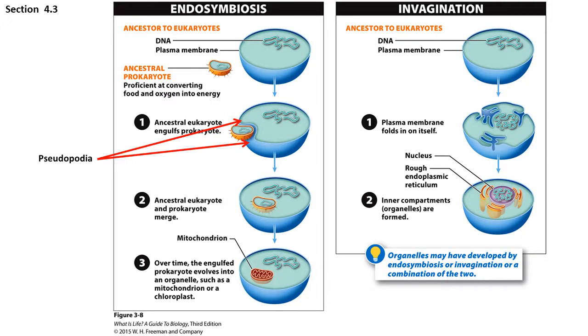So, endosymbiosis is where an ancestral prokaryotic cell, a mitochondria or chloroplasts, that are proficient in converting food and oxygen into energy are engulfed by a eukaryotic cell or a prokaryotic cell that will eventually become a eukaryotic cell.